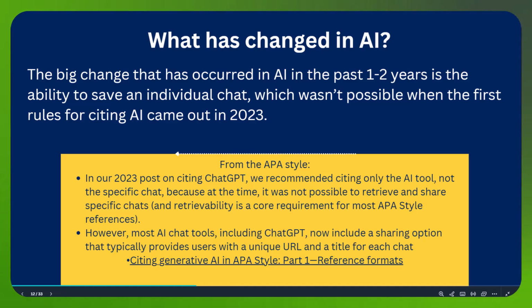However, most AI chat tools, including ChatGPT, now include a sharing option that typically provides users with a unique URL and the title for each chat." Even though this quote applies to APA style only, the other citation styles also agree on this change in including the chat URL in the reference.